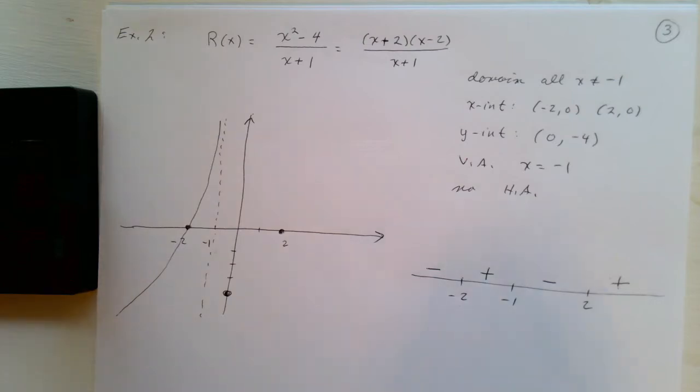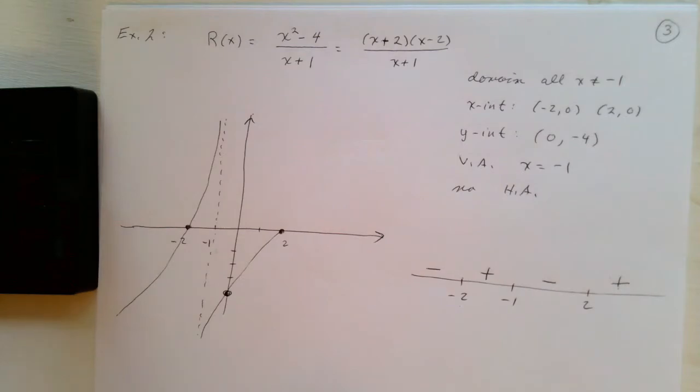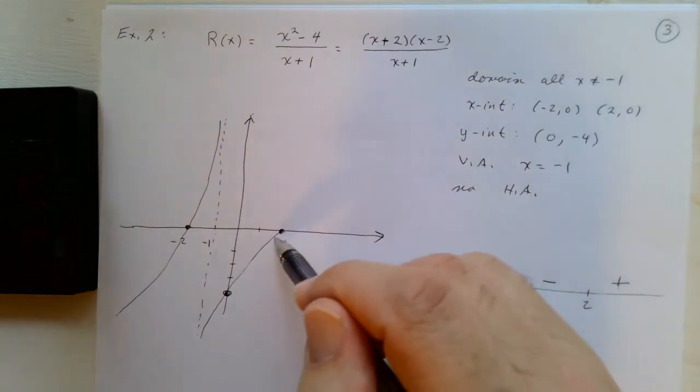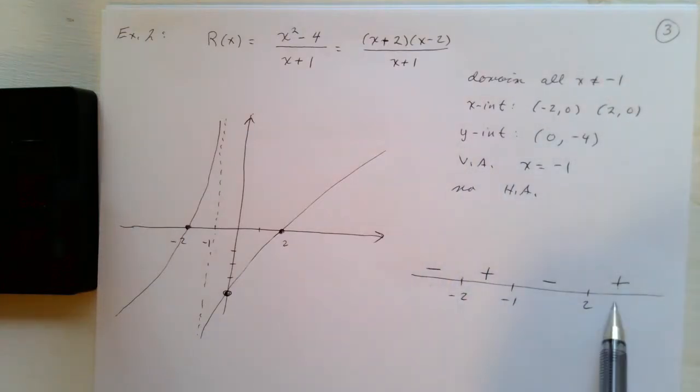Then between negative 1 and 2, it's below the x-axis, so it starts way down here, passes through this point, then through this point. Once we get past 2, the graph is above the x-axis, so it shoots up again. It's below, above, below, above.